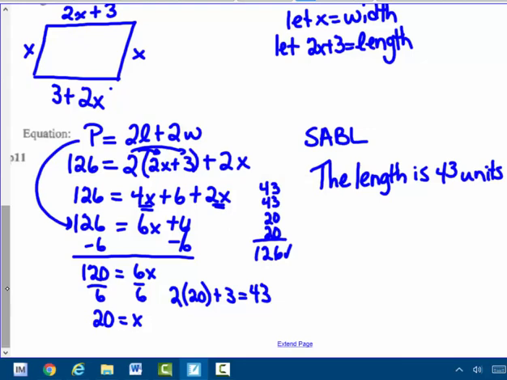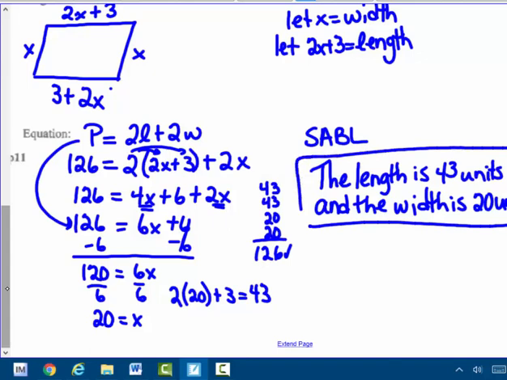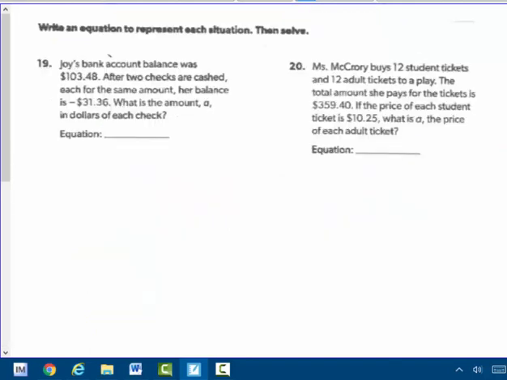The length is 43 units, and the width of that parallelogram is 20 units. Sentence answer box label. Let's go on to the next page.